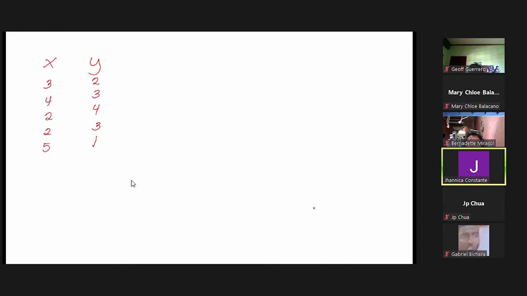Looking at the sets of values of X and Y, there are the same numbers for the set of values of X, which is 2. And for Y, we have the same number, which is 3.